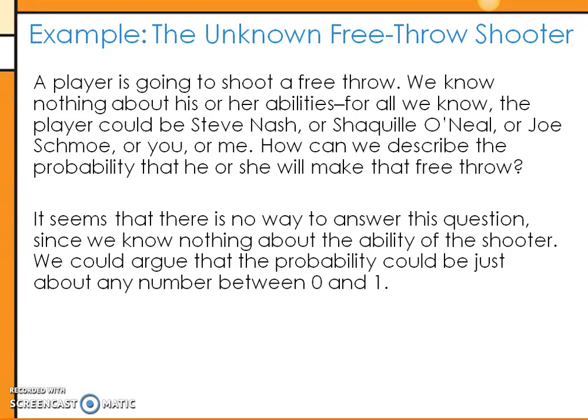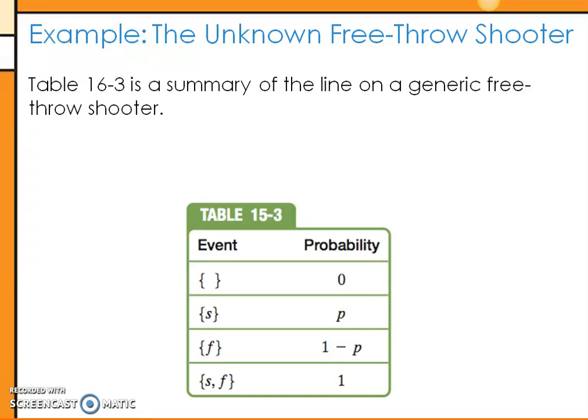Okay, in this example, they're looking at free throws. So let's say instead of being a person where we already know their probability, it's somebody where we don't know their chance of making a free throw. If we don't know their chance of making a free throw, we'll call it P. This brings us to some interesting ideas.